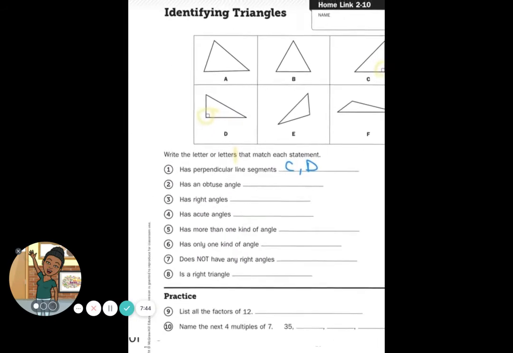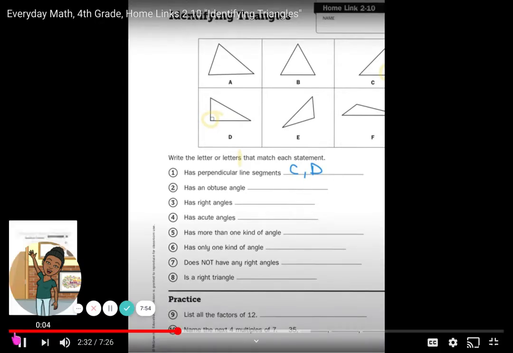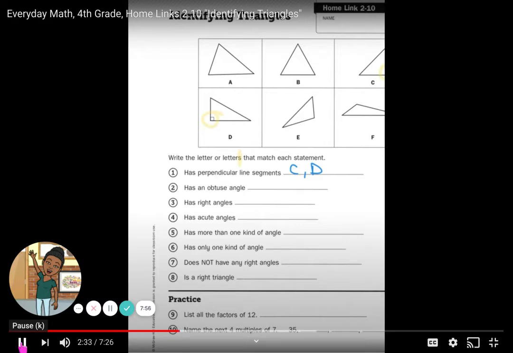Okay. Number 2 asks, does it have an obtuse angle? Well, we can eliminate choices C and D because a triangle has a total measure of 180 degrees within the 3 angles that make up the triangle. Looking at your triangles, do you see a triangle that has an obtuse angle? Look at all 6. We eliminated C and D, so now we just have 4.